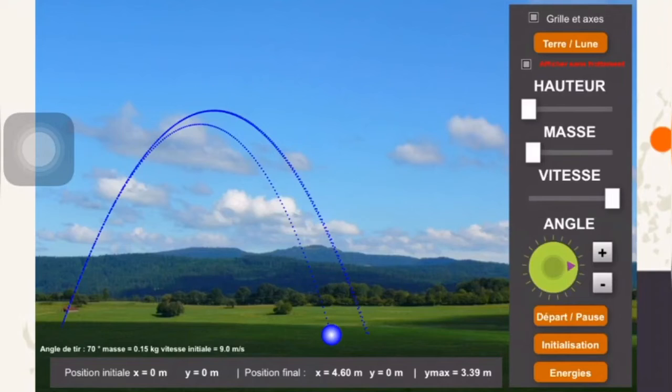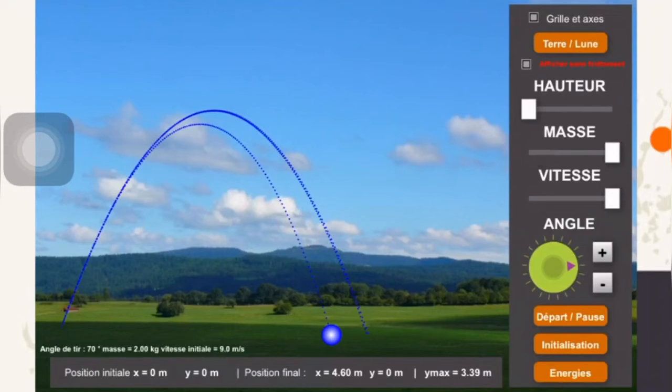So this shows that the projectile having lesser mass attains less height and less horizontal range than the projectile having higher mass.